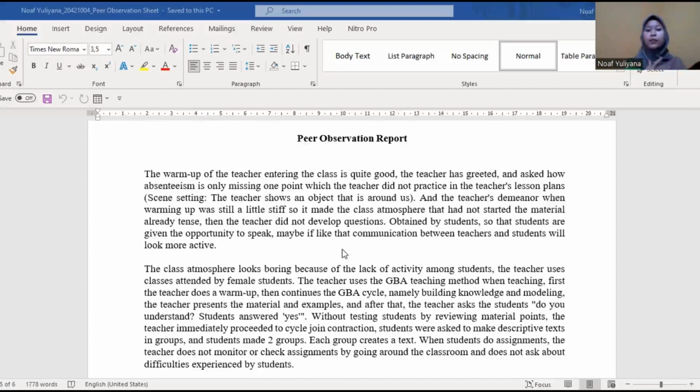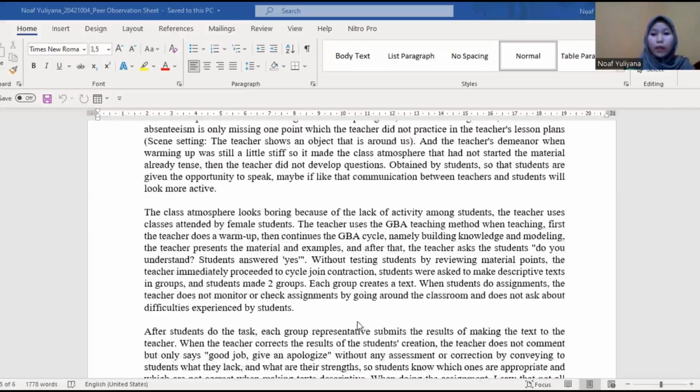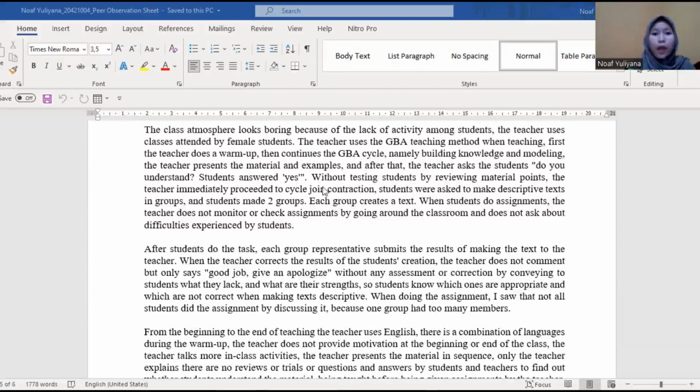The teacher presents material and an example, and after that, the teacher asks the students, do you understand? Students answer yes, without testing students by reviewing material points. The teacher immediately proceeded to the cycle of joint construction.